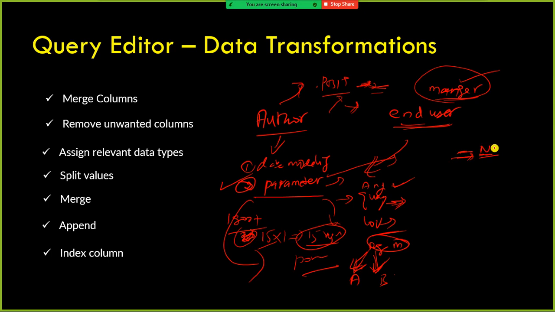When they enter the region name, something like North, and the country name, United States, based on these two parameter values, the data will get loaded from their respective server, and the visuals will get populated accordingly.